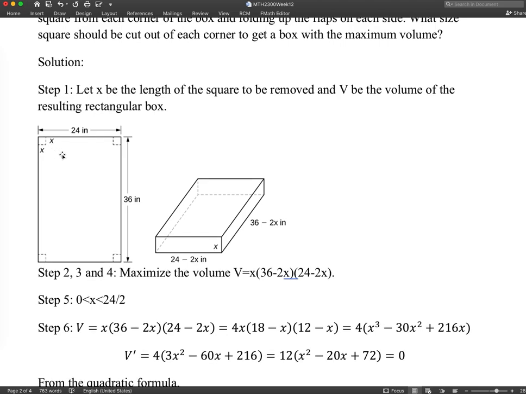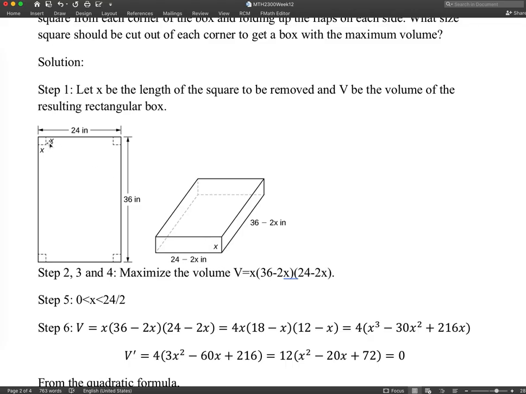So I'm looking at the rectangular box clearly because the length of the square is x. Now you fold this side up, and it turns out to be the height of the rectangular box. It is x, right? And then you think very carefully if this 24 minus 2x makes sense to you.